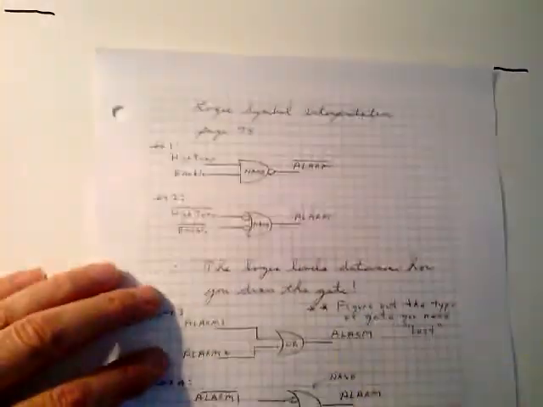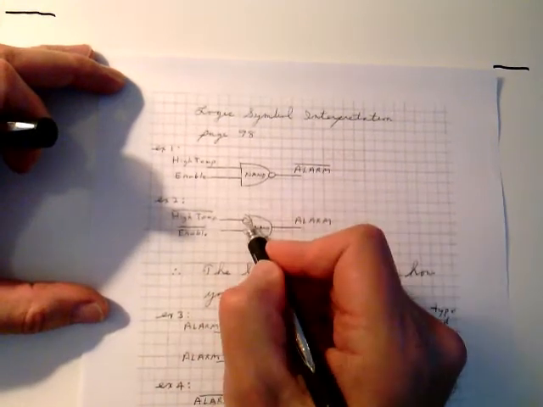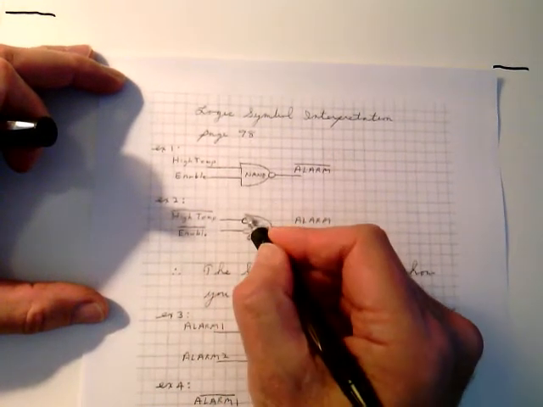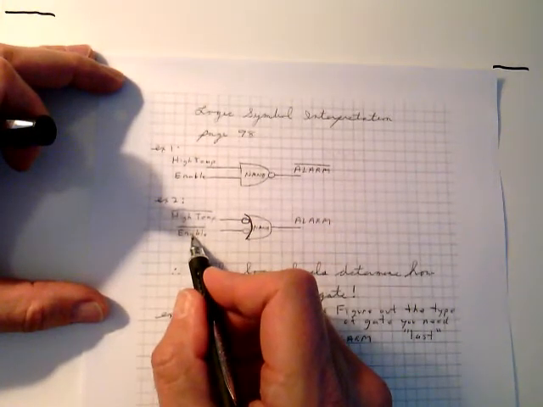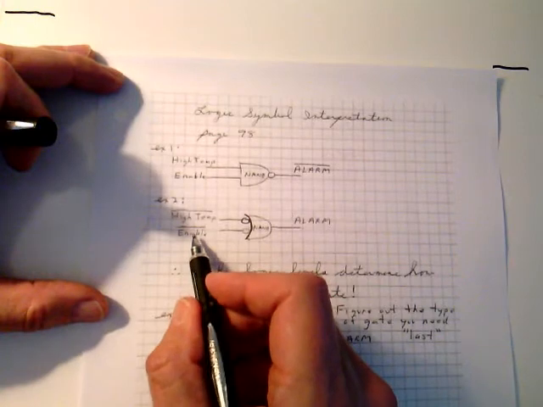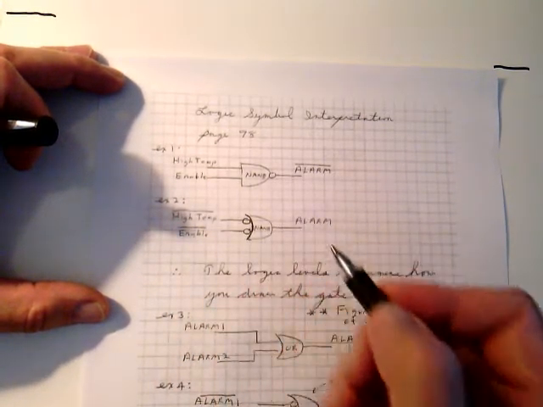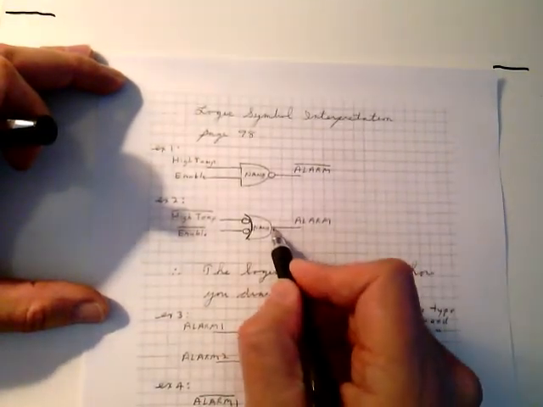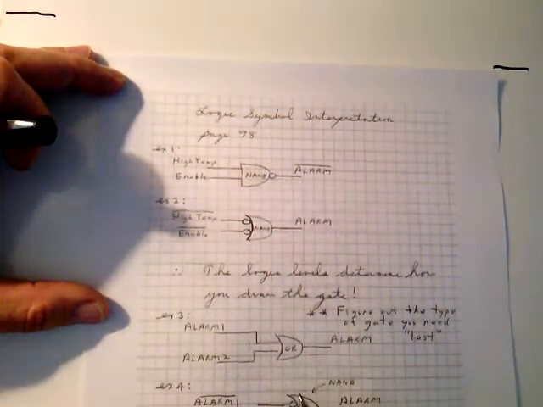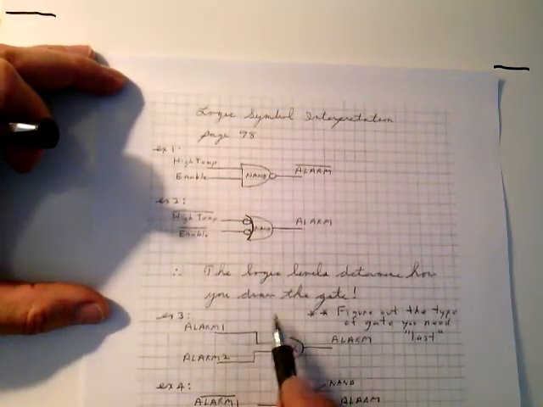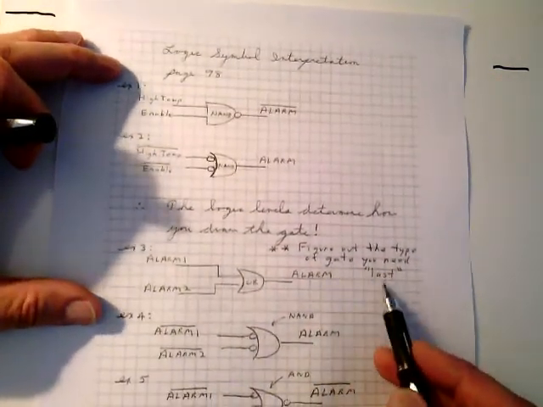It's going to say, I have a high temperature gone active low, or I have an enable gone active low. And in that case, I want the output to be high. And then you look at that and say, well, that's nothing more than an AND gate. The logic level determines how you draw the gate. You figure out the type of gate you need last.